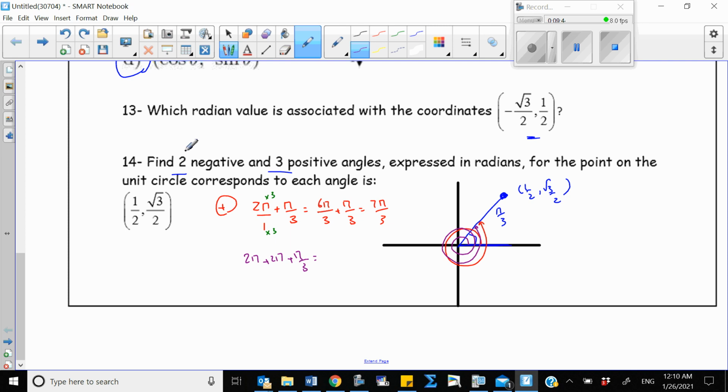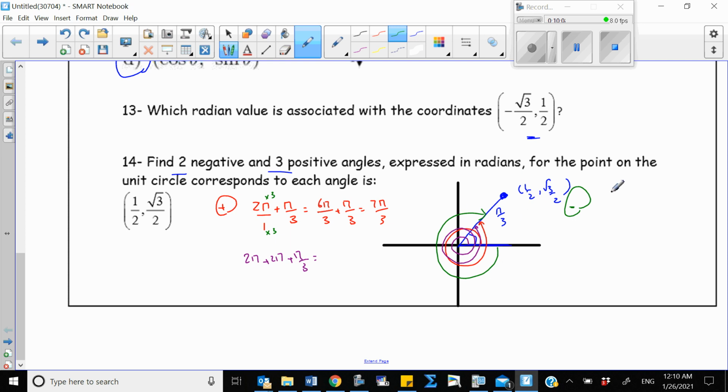For negative, you need to move to the negative direction. So you start from here. The first one could be this one. So how far did we go? For the negative one, you start here and end here. I can find that by subtracting pi over 3 from 2 pi.